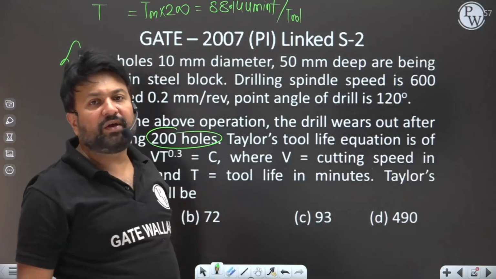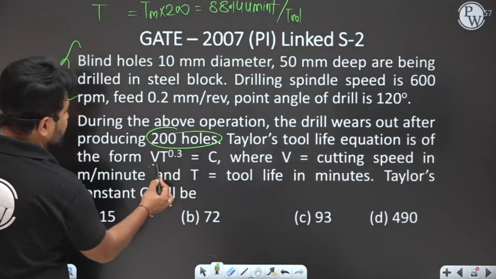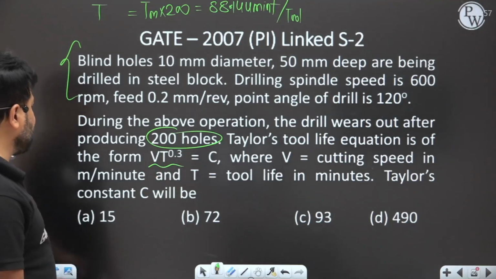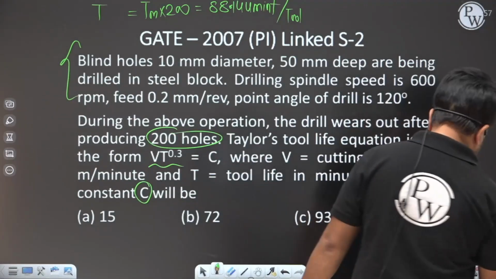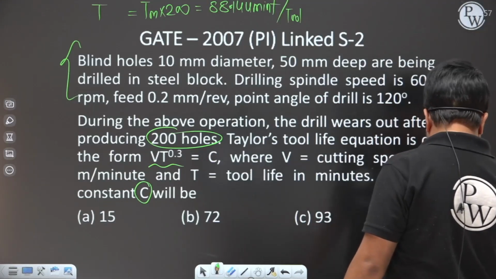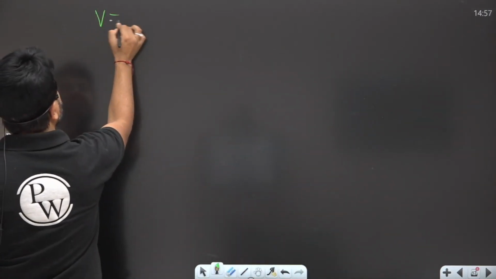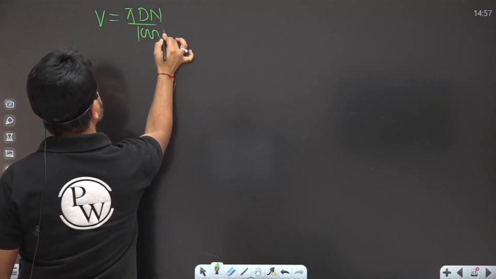Now Taylor's tool life equation is given: V T to the power 0.3 equals C. You have to find the C value. Now V, the cutting velocity, is pi D N divided by 1000.